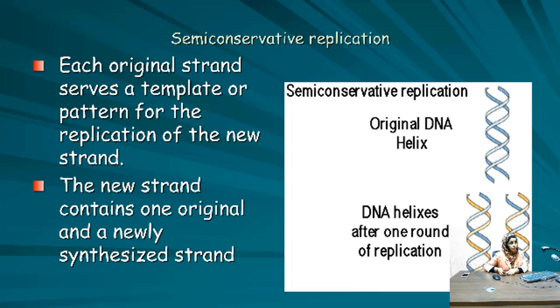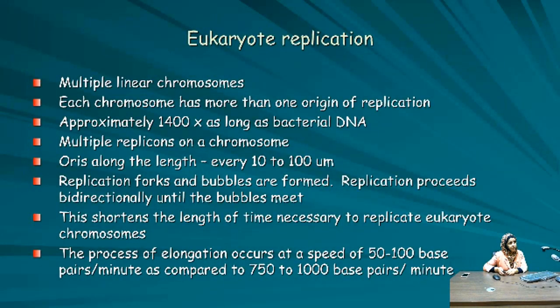Each original strand serves as a template or pattern for the replication of the new strand. The new strand contains one original and one newly synthesized strand. As in this figure, the original strand and the duplicate of the strand are DNA.